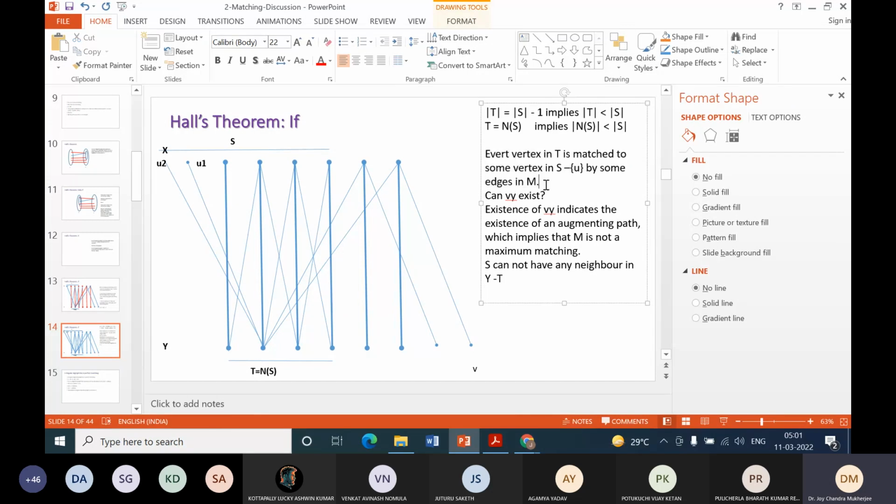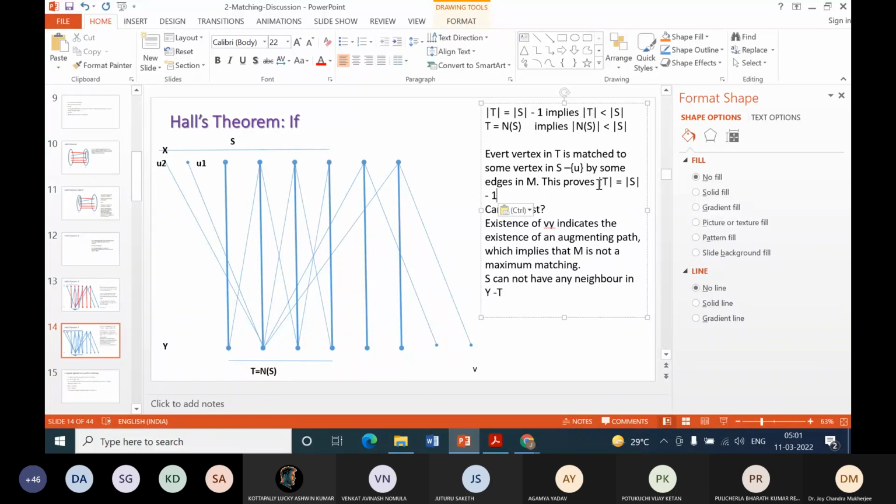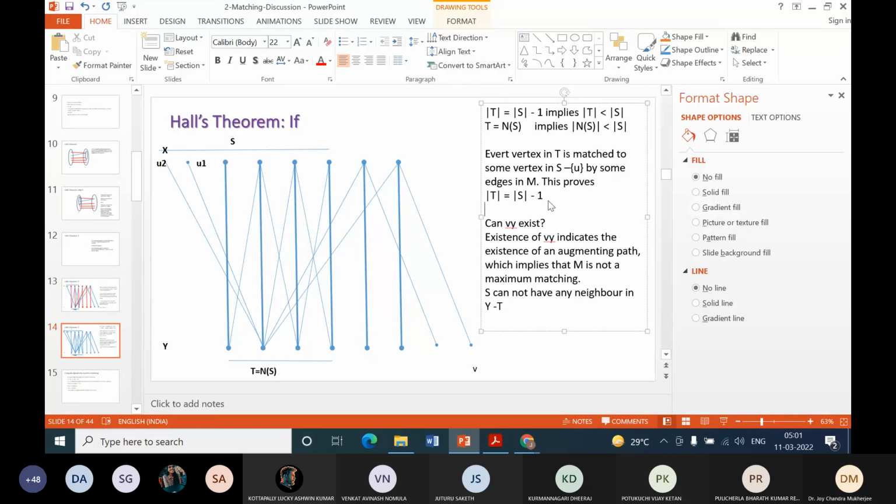So this proves mod T equals mod S minus 1. Now we have to prove that T equals Ns.